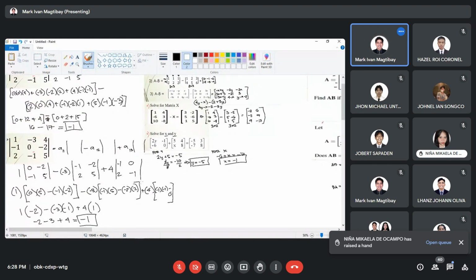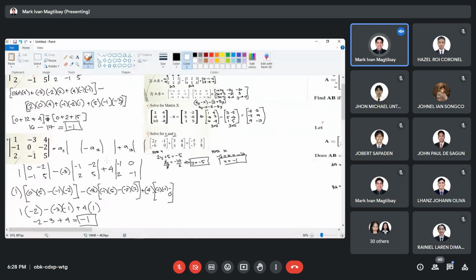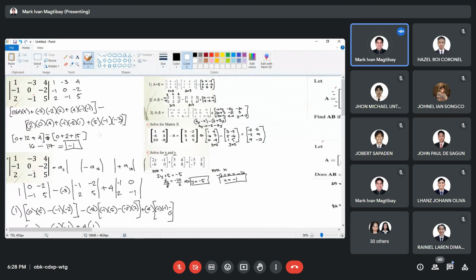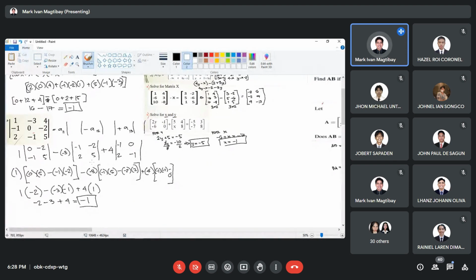May question po ba? Nakita po natin na pareho po yung naging determinant. Two other ways po: it's either rewrite nyo po, kuhanin natin ang kabuuan po agad na determinant niya sa 3 by 3, or hatiin po natin siya into smaller matrices, and then kunin po natin yung respective determinants niya para po maayos po natin makuha lahat yan.